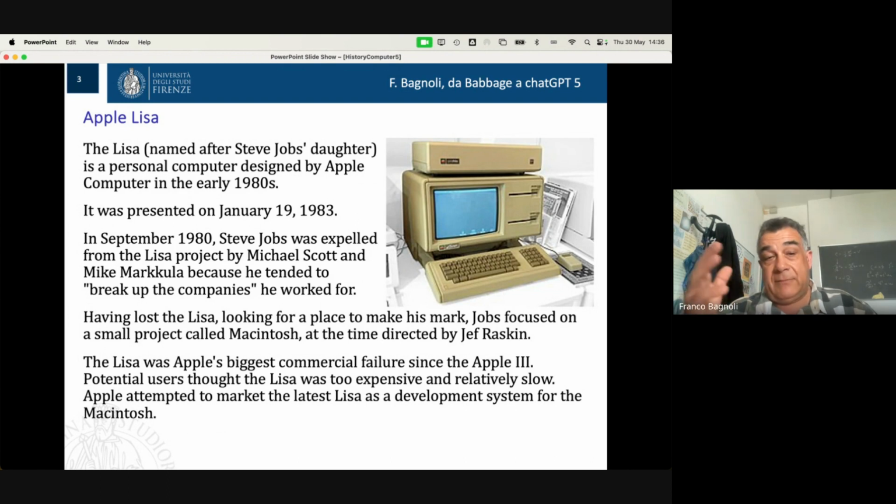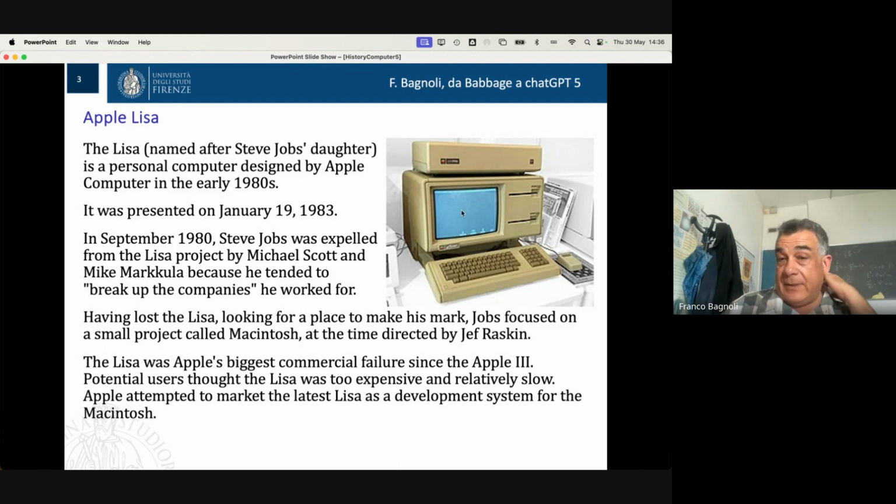It was developed just for covering a segment of the market which was not perceived to be very important. And in Apple, there was clearly the presence of Steve Jobs, which has always been quite important.